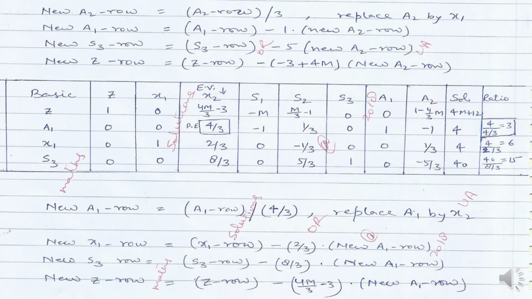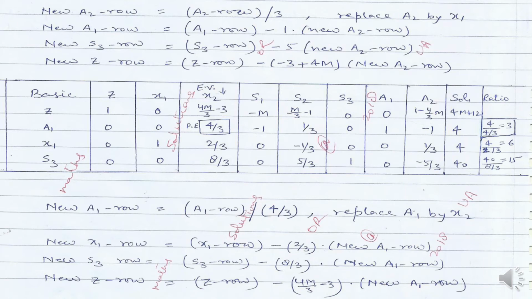So for each element we will do this calculation. The s3 row is s3 row minus 5 into new a2 row. So we got the new s3 row, which is s3 row minus 5 new a2 row.